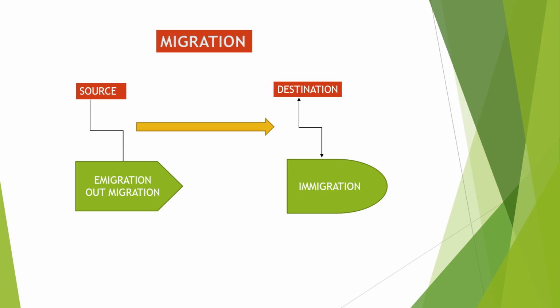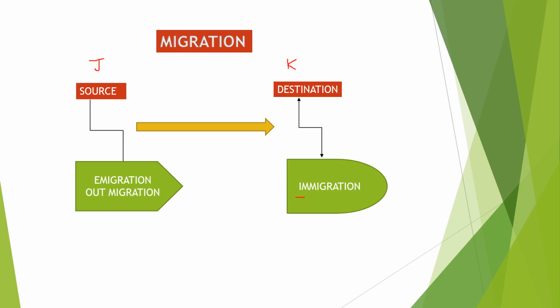Source means, suppose I am a person, I live in Jamshedpur, and I want to go to Kolkata. So the source is Jamshedpur, where I live, and the destination is Kolkata, where I want to go. I think you have understood source and destination. Next, emigration and immigration. Emigration means out migration and immigration means in migration.